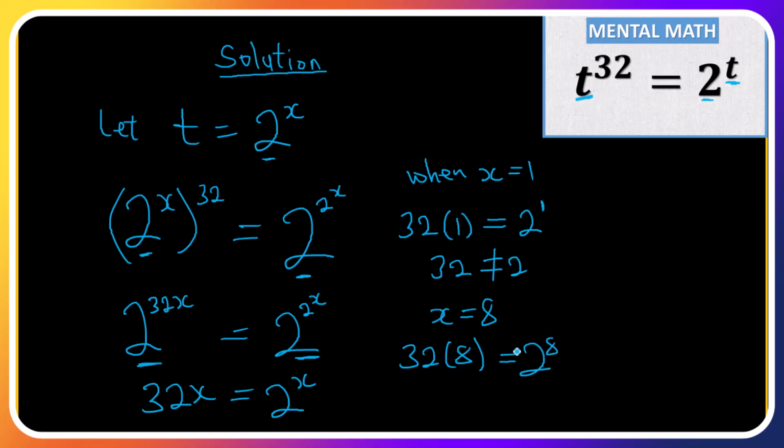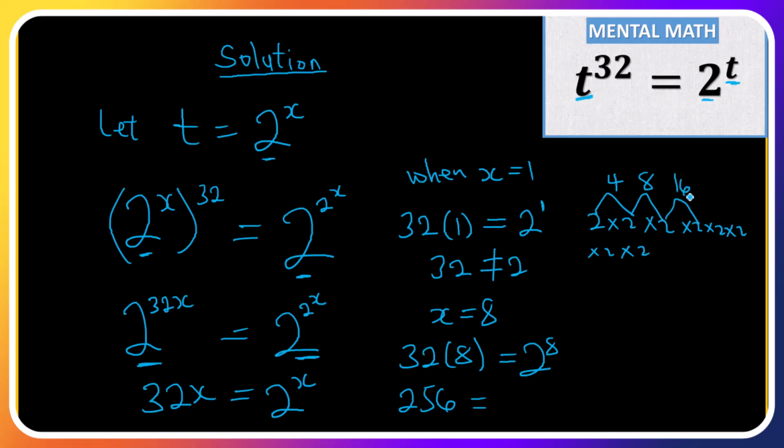Now 32 multiplying 8 gives us 256, equals 2 times 2 times 2 times 2 times 2 times 2 times 2 times 2, that is 8 twos. 2 by 2 is 4, 4 by 2 is 8, 8 by 2 is 16, 16 by 2 is 32, 32 by 2 is 64, 64 by 2 is 128, 128 by 2 is 256.